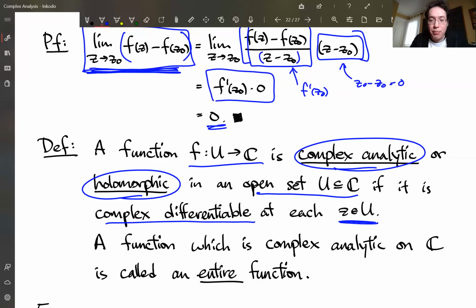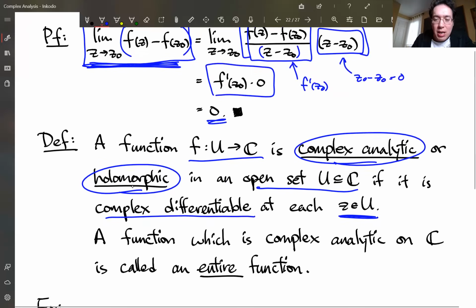So it's important that we're not just talking about a point here. It's not complex differentiable at one point. We say it's analytic if it's differentiable in like a cloud of open points. So it has to be differentiable in a small patch, at least. I hope that makes sense.